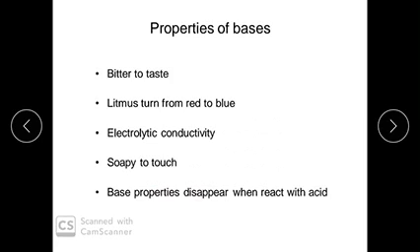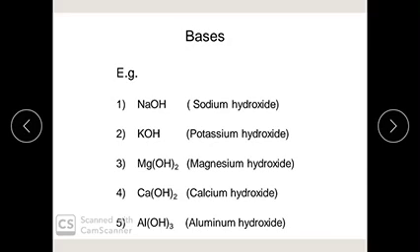They show the conductivity property. They have a soapy touch. Bases disappear when they react with acid. Examples we discussed are sodium hydroxide, potassium hydroxide, magnesium hydroxide, calcium hydroxide, and aluminium hydroxide.